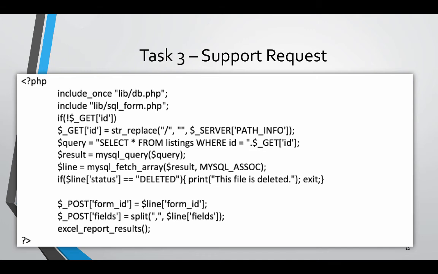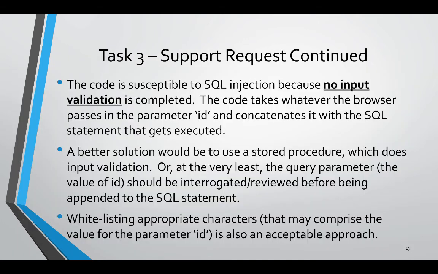You could do something very simple like trying to cast or parse that ID string as an integer and see if it passes or fails. If it fails, then you know that what you got wasn't just a number, it was something else, right? So there's things that you could do to basically validate the input, to make sure that the input is what you expect it to be before you actually append it to the SQL statement and submit it to the DBMS.